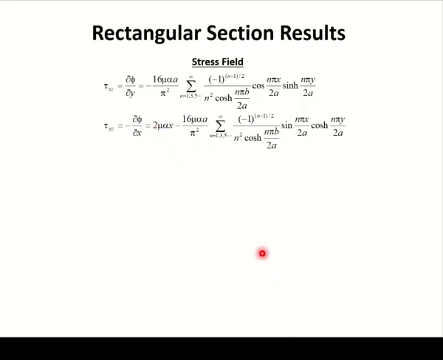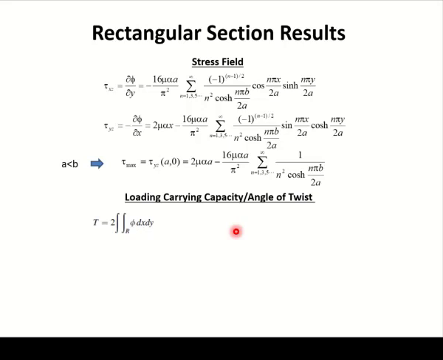When you look at these equations, if you want to find where your maximum is, and b is larger than a, you will find that your maximum shear stress occurs at x equal to a, and it is given by this equation.